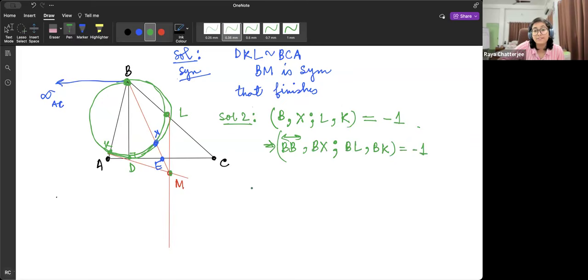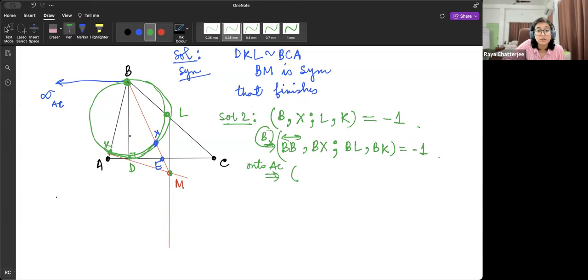And from that, you can project it onto the line AC as transversal. So what are we taking? We are taking perspectivity from B, and then we are projecting onto AC. So let's say that this is E, like Atharva said.